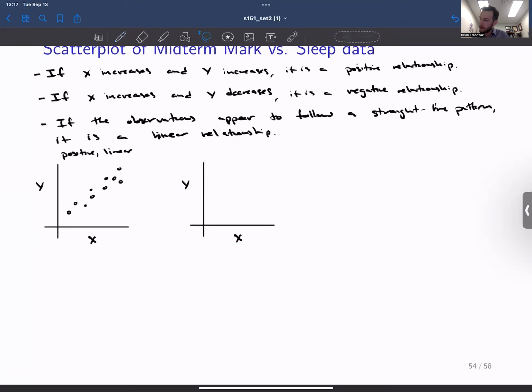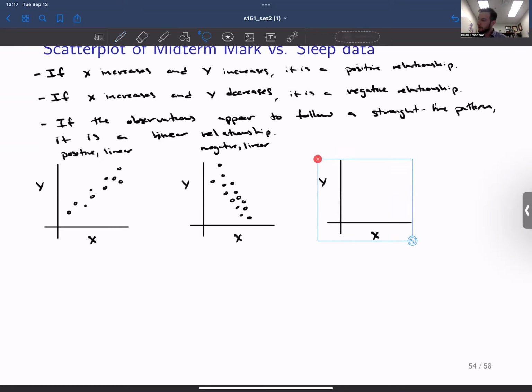If we have our XY axis and we have something that looks like this, okay, this would be an example of negative and linear.